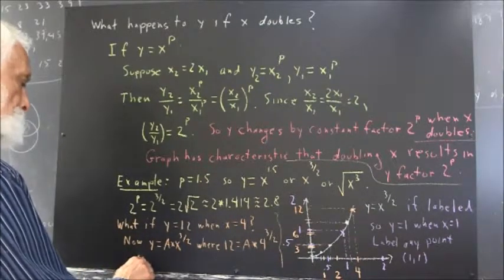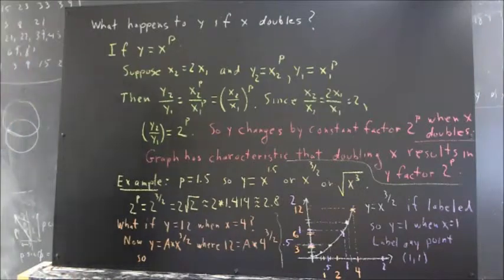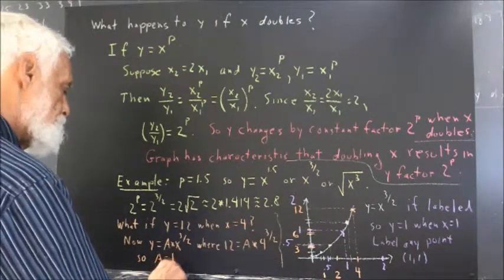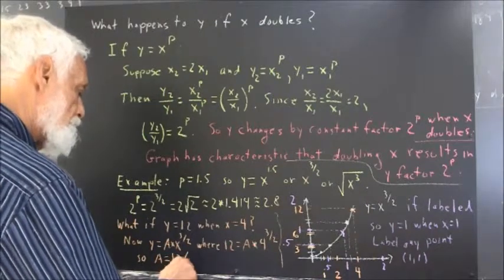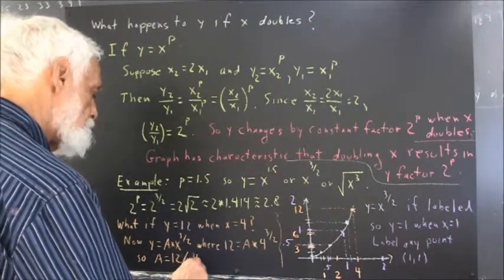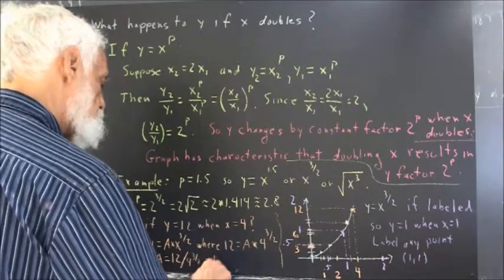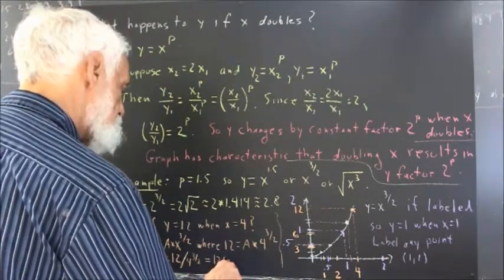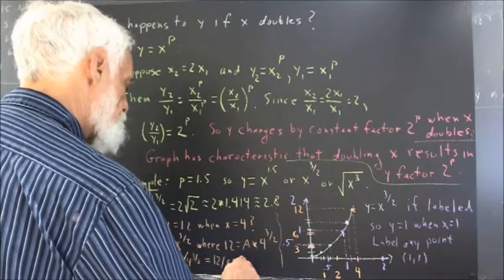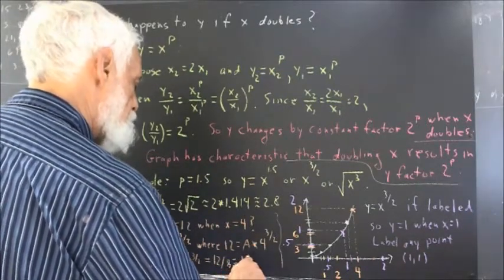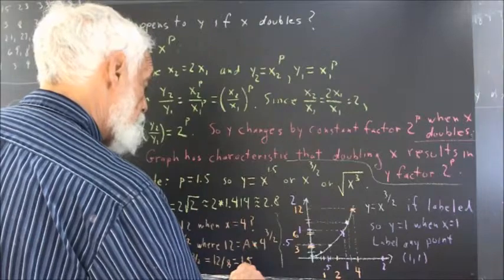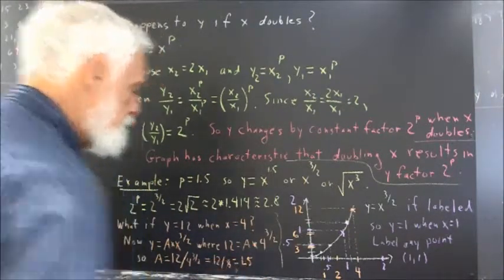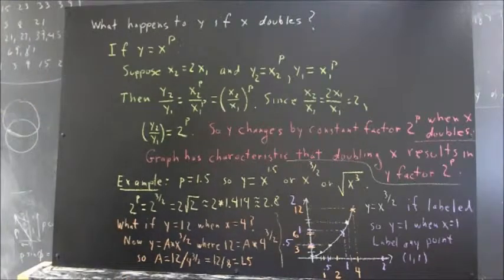So we get a equals 12 divided by 4 to the 3 halves, which is 12 divided by 8, which turns out to be 1.5, which coincidentally is 3/2. That was just an unintentional coincidence, and that's not something that's generally going to happen.